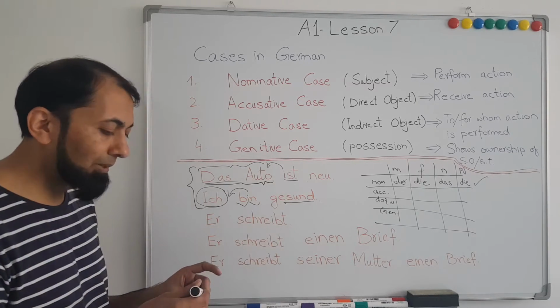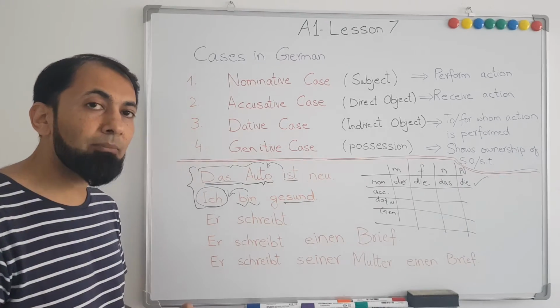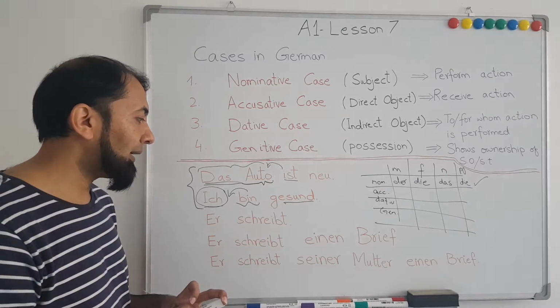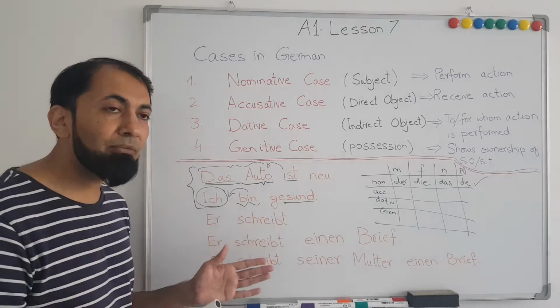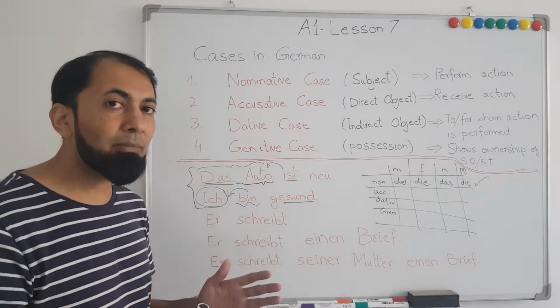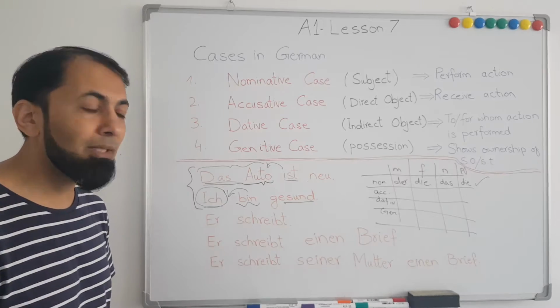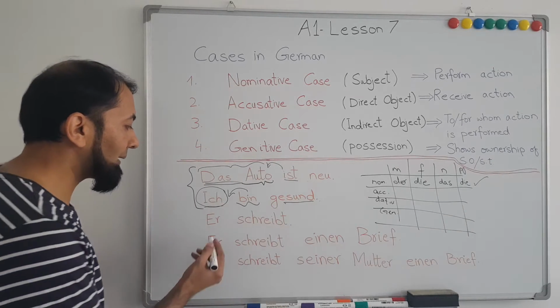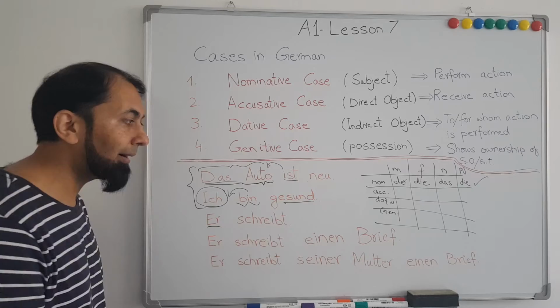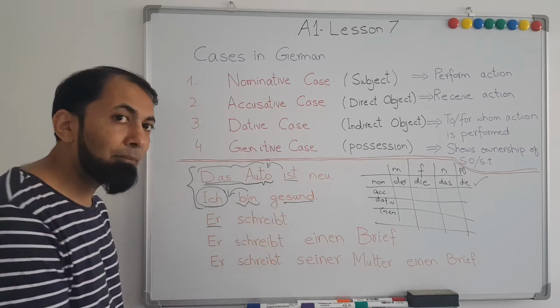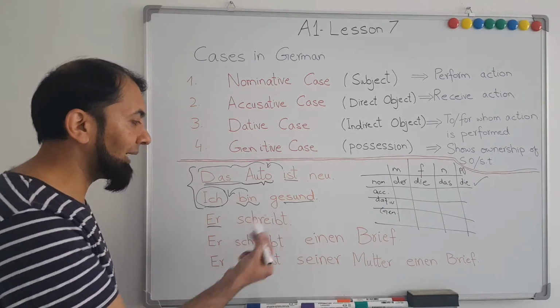Now the next example is "schreibt." Schreiben is a German verb which means to write, and like every verb in German language, there is a conjugation. The verb is conjugated according to the subject, and for third person singular the schreiben verb is conjugated to "schreibt."